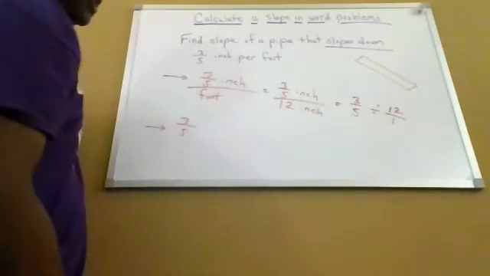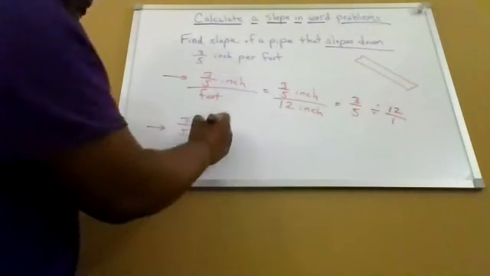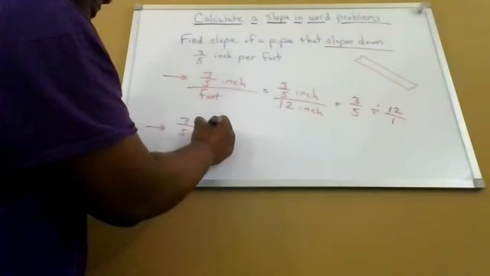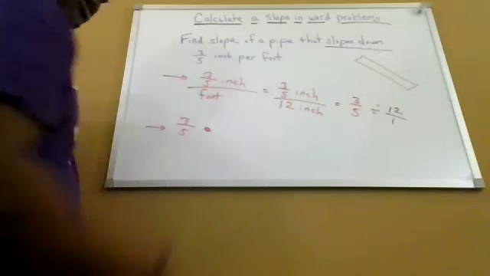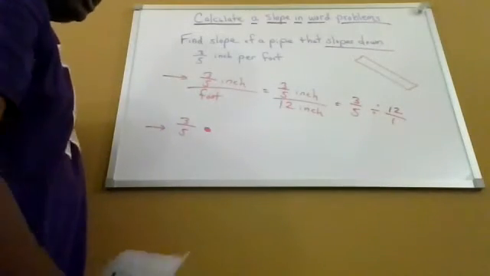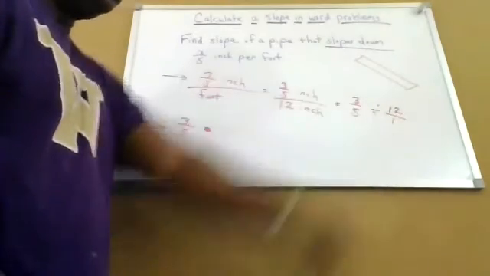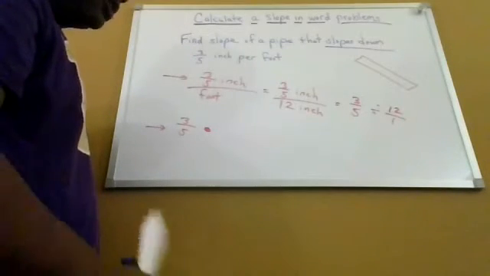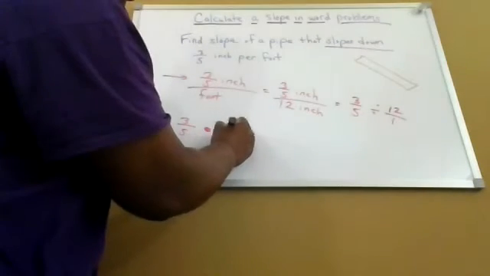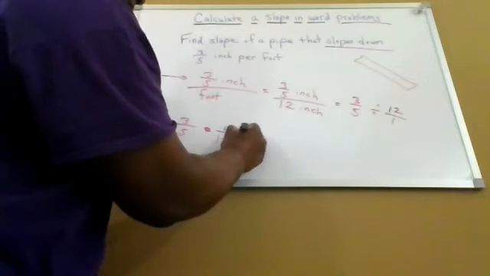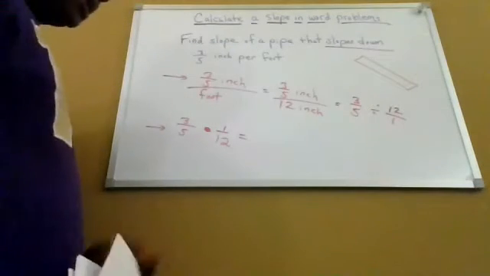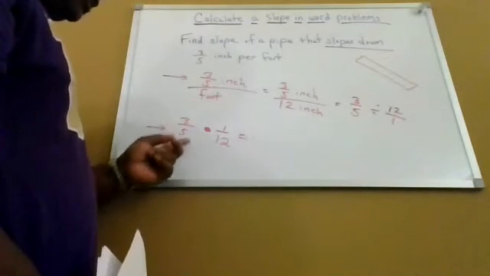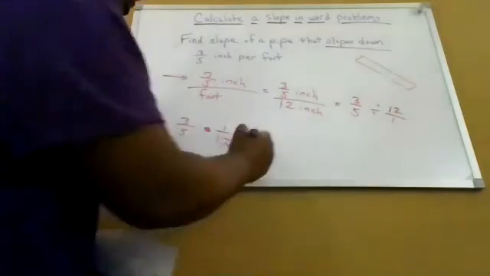We changed the division sign to multiplication, and I use my dot for multiplication. And now we take the reciprocal of 12 over 1, which is going to be 1 over 12. Okay, so now we have 3/5 times 1 over 12.